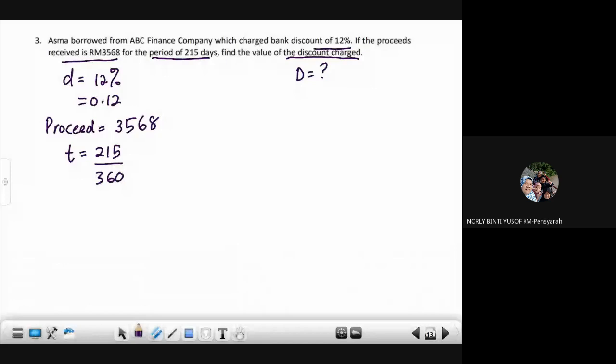So sama, menggunakan formula proceed S 1 minus DT yang diberi dalam exam formula ni, tapi you perlu masukkan lah. So 3568 equals to S. You nak cari 1 minus D 0.12. Sebab you nak cari D, kena cari S dulu.